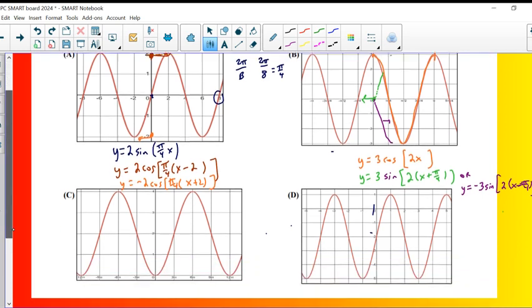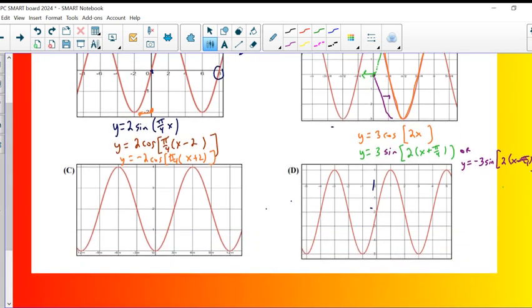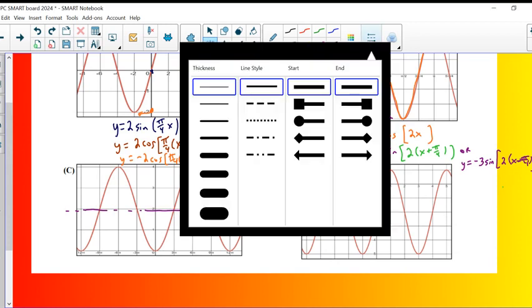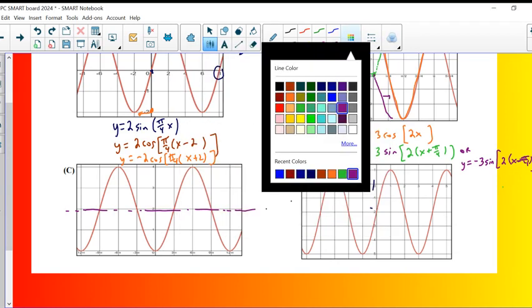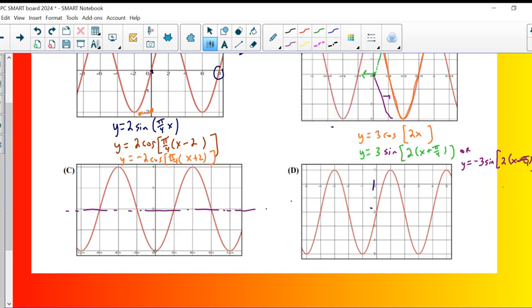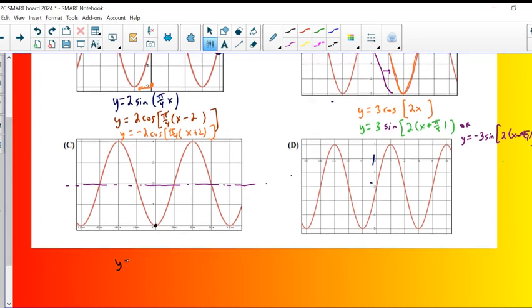Two more to go. So this one, I can tell my equilibrium has been changed. My equilibrium is pushed up 2 units. So I know that's going to affect what I add to the end. To me, it looks like a negative cosine graph, right? Because we're 2 below. So I'm going to start with y equals negative 2 cosine.